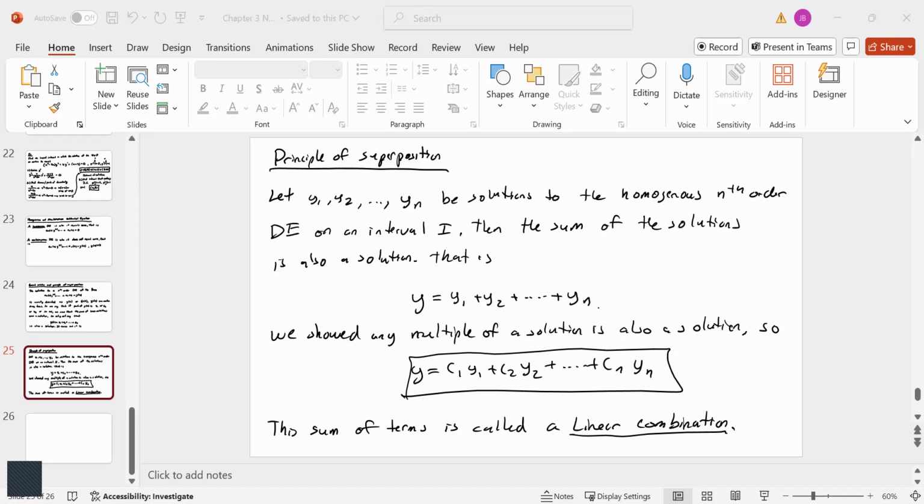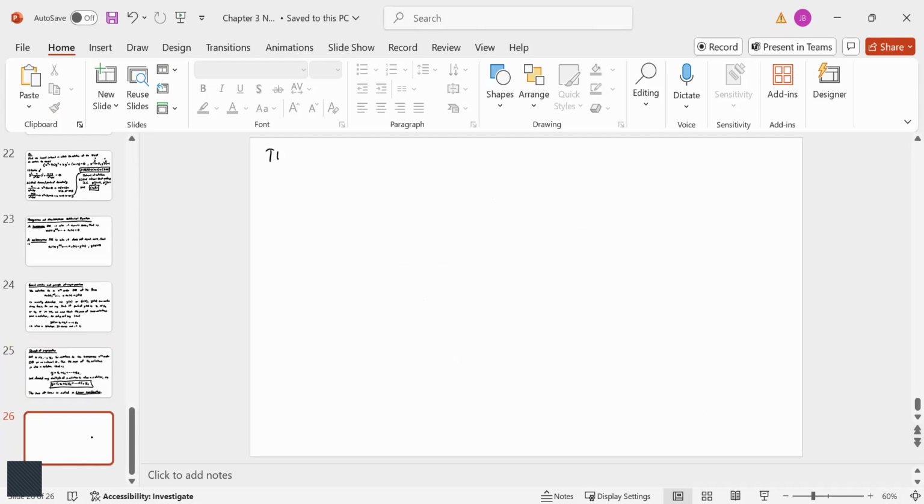So in this, we note two things. The solution of the form y equal to C1 y1 plus C2 y2 plus dot dot dot plus Cn yn is called the general solution.